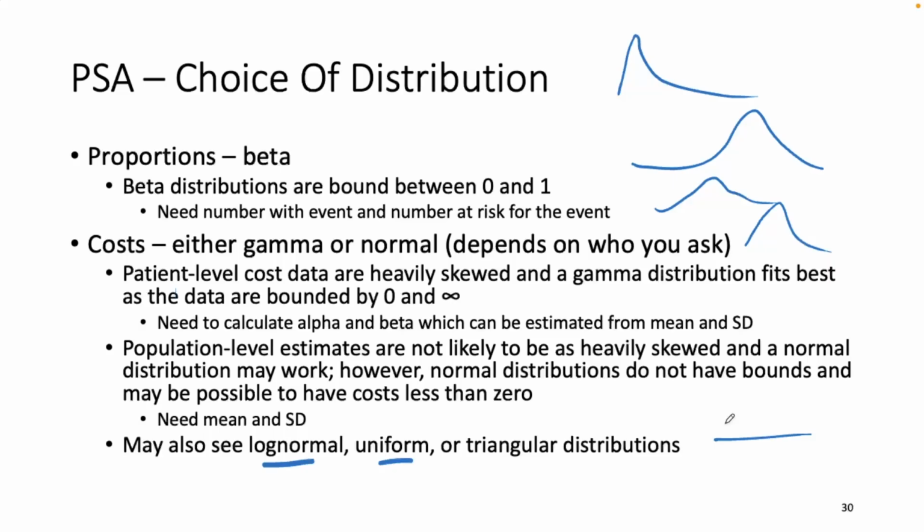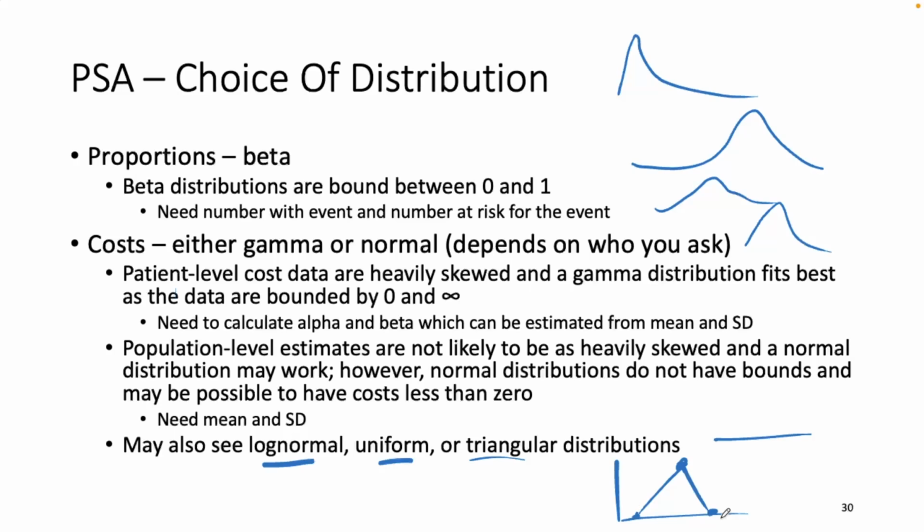Triangular distributions are rarely seen outside of these kinds of models. We say this is the low value, this is the high value, and this is the most common, and it's a really easy distribution to create.